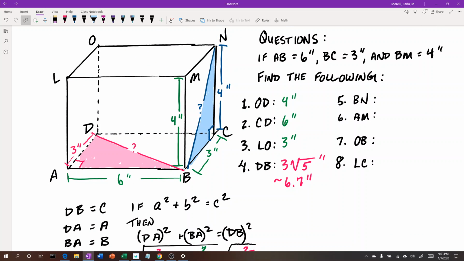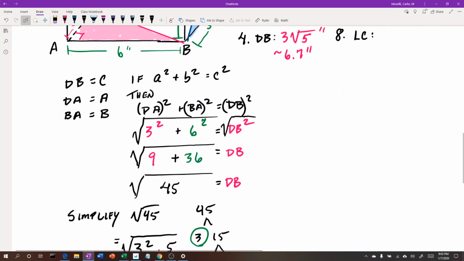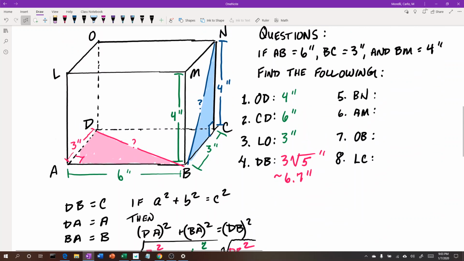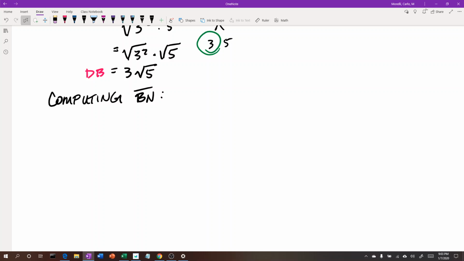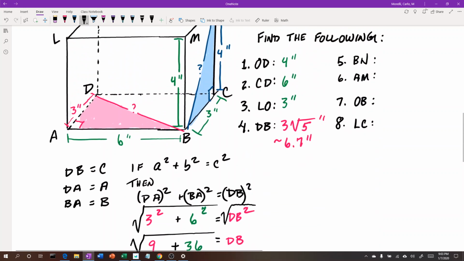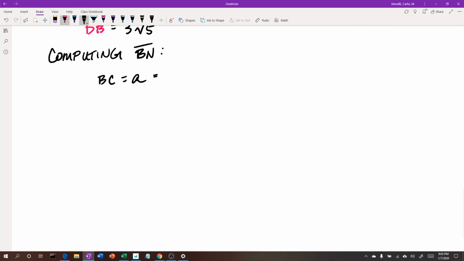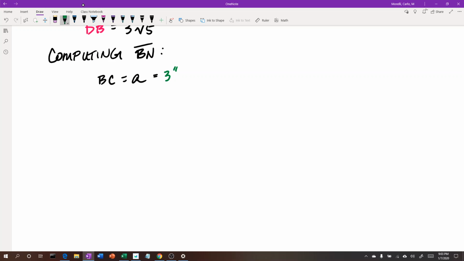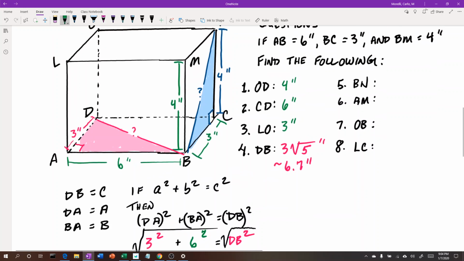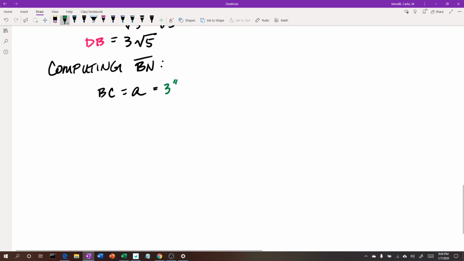BN is going to be like the C value in the a squared plus b squared equals c squared. So what we'll say is BC is going to be like the a value. So here we'll write this. BC is the a value, and that is equal to 3 inches. All right. And CN is the b value.